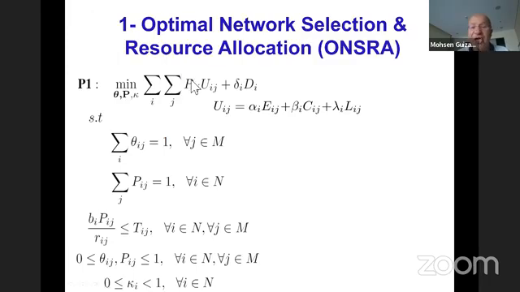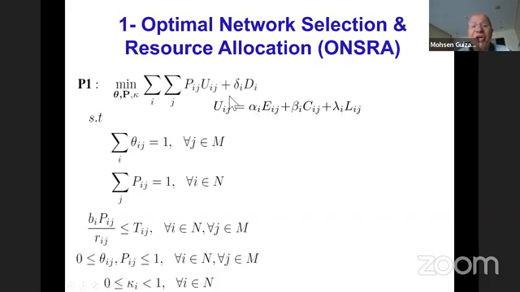The problem is very complex here. We have to minimize a function which is based on utilization, where the utilization is based on the energy, as you can see here, energy I sub ij, plus the cost and the latency. So these are multiplied by some constants.